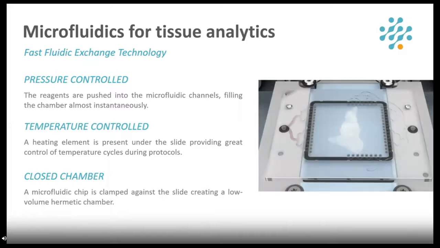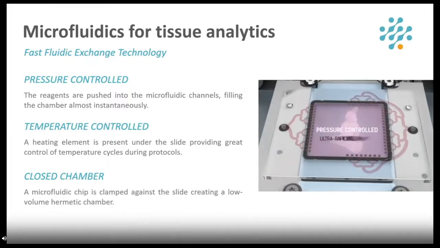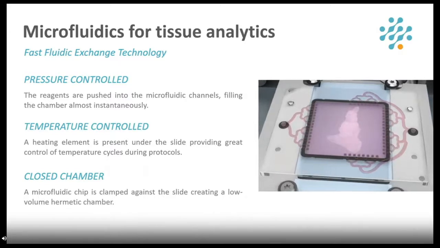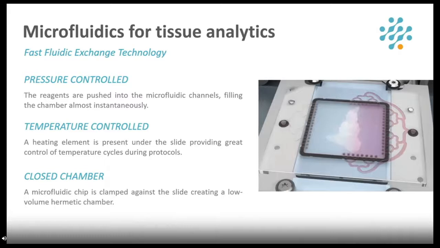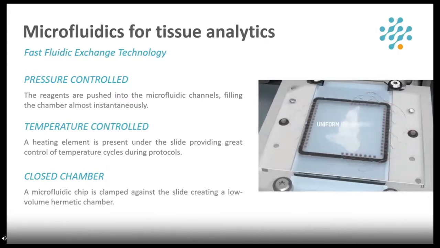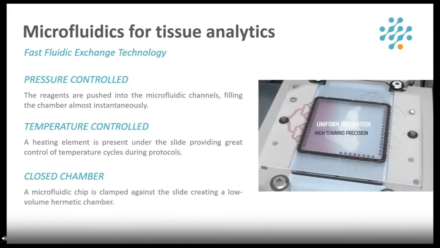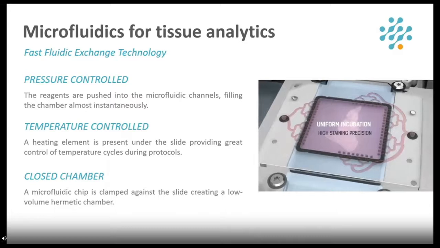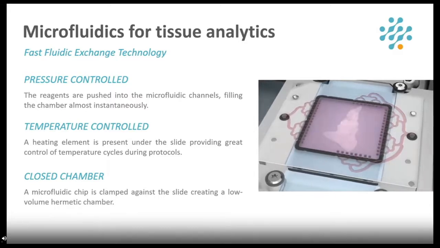So the pressure-driven reagent flows directly, almost instantaneously, in the chamber. The liquid exchange is very rapid between the steps. A heating element placed just below the slide allows precise temperature control at any time, as well as rapid temperature changes.